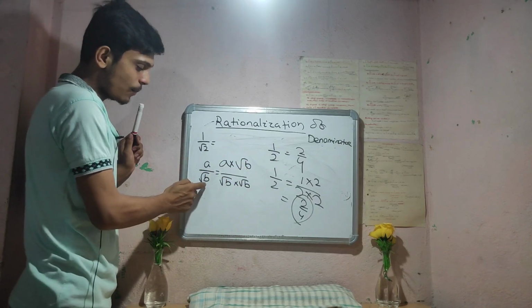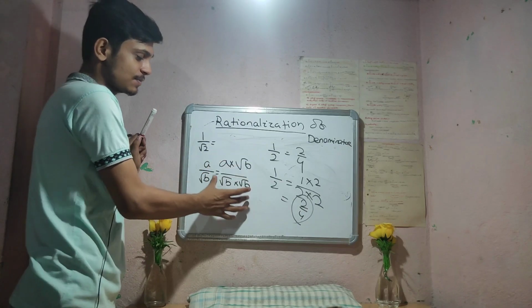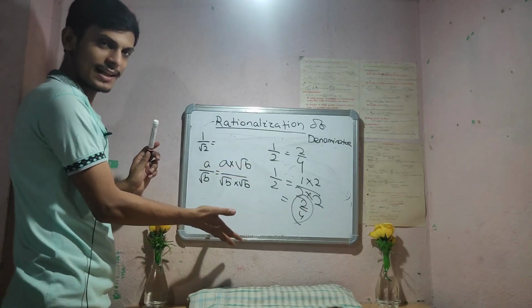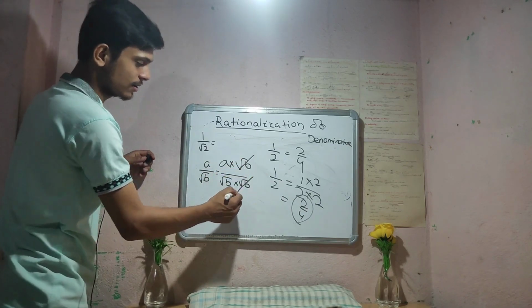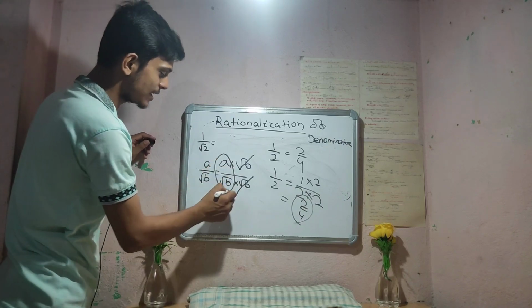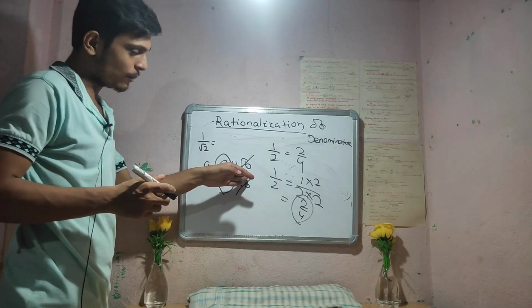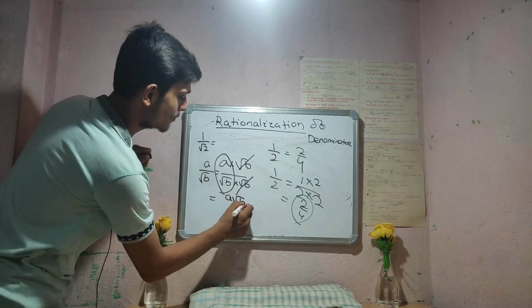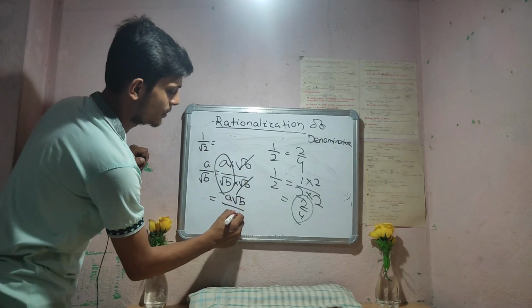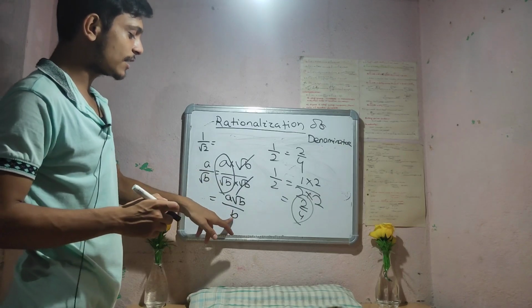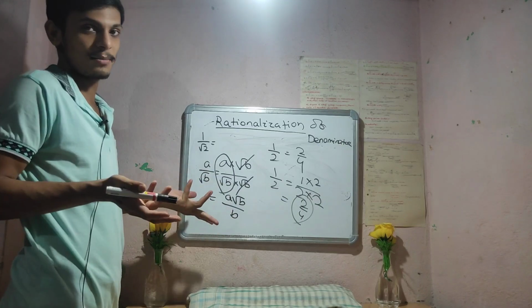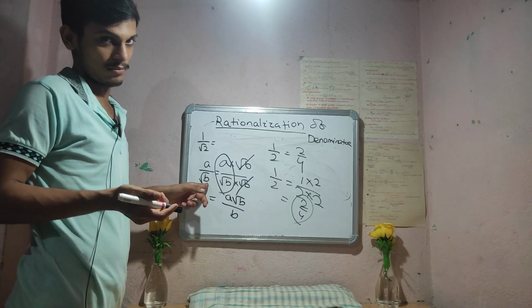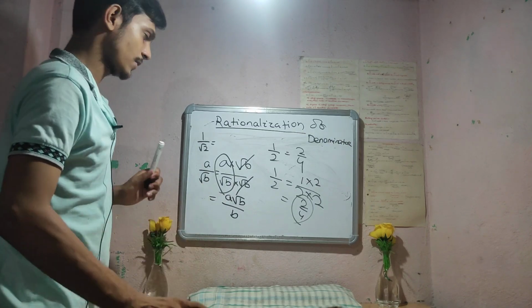That is, a upon the square root of b is written in this form, so the square root of b can be cancelled. Yes or no? So we get the same result. You multiply here and get a times the square root of b upon b. Then the denominator is rationalized. b is a rational number, but the square root of b is an irrational number. Get my point?